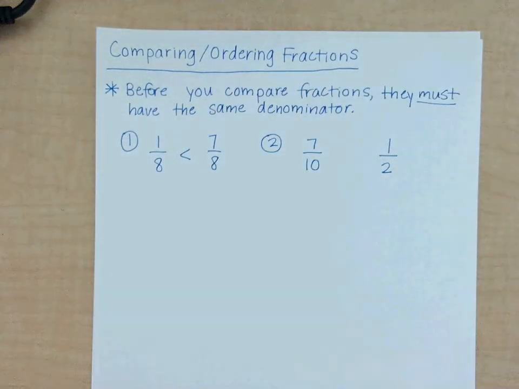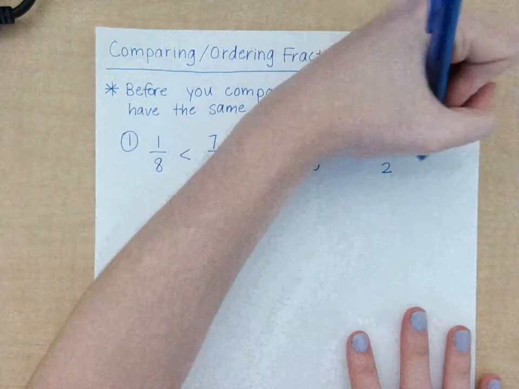Now, let's look at one where they don't have the same denominator. Let's say I want you to compare 7/10 and 1/2. One thing you can look for is, can we make one fraction have the same denominator as the other? So only change one of them. And can we do that? Yes. What can we change? We can change 1/2 because 2 is a what of 10? A factor. 10 is a multiple of 2, but 2 is a factor of 10.